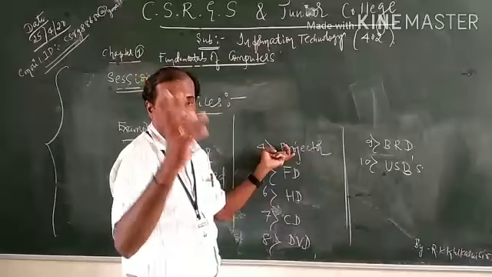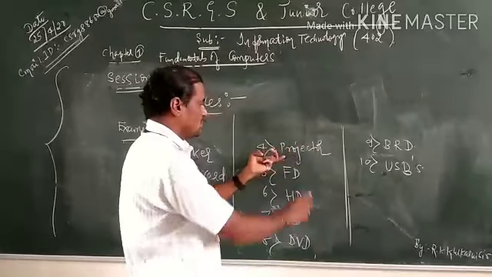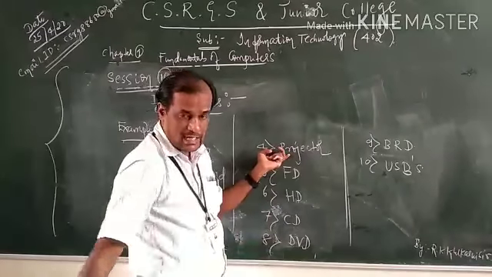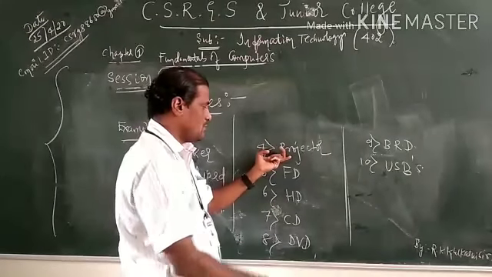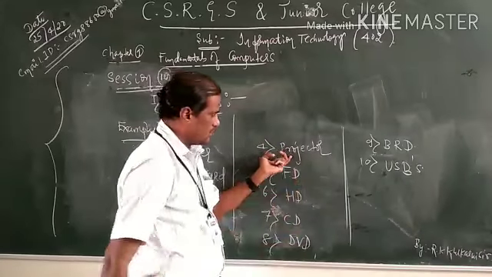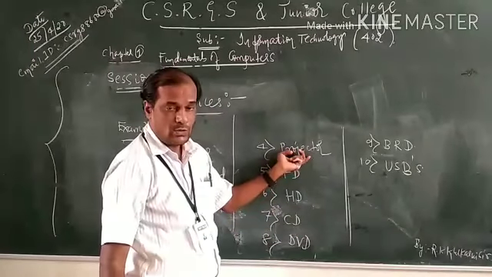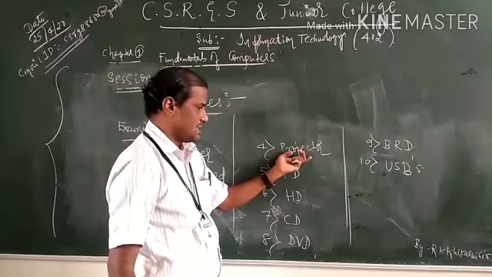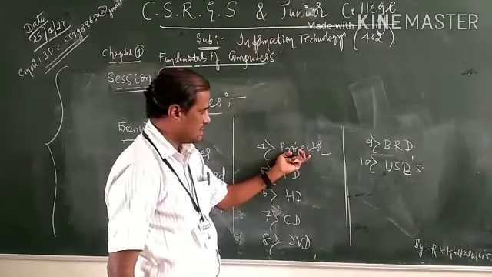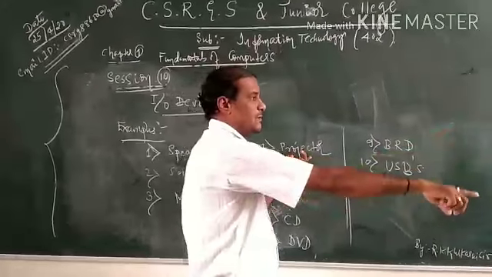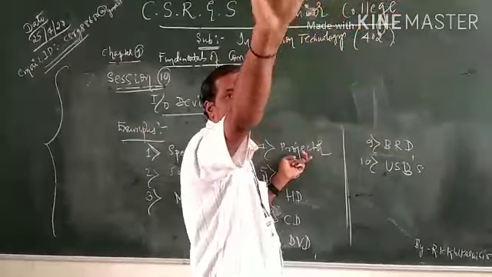We can see the projector in our CSRGS lab. This projector is also an I/O device as per me. In some books you can see it as an output device, but that is wrong. The projector is called an I/O device. How can the projector be only an output device? Because it is taking the input, the slides we have made with the help of PPT and the CPU, which are given with the help of a cable to the projector.